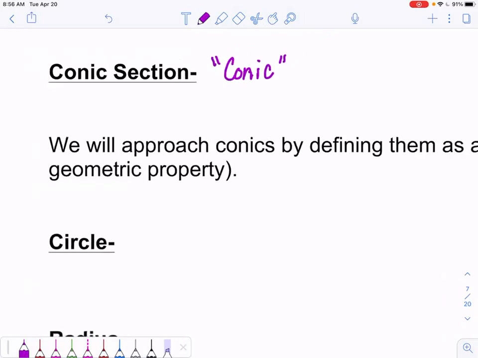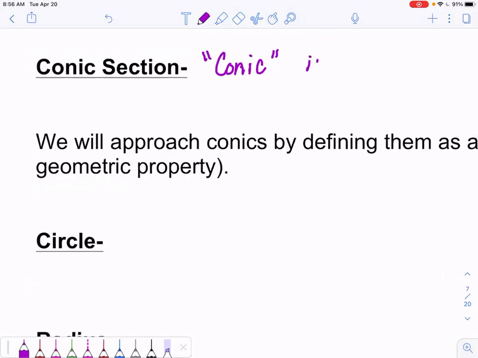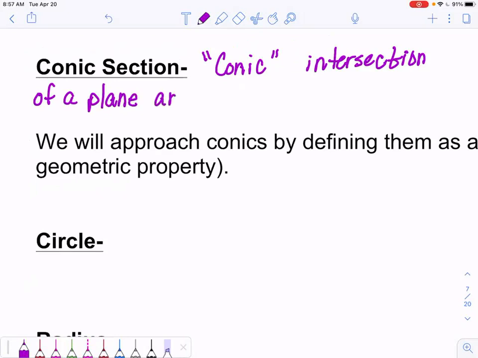So a conic is the intersection of a plane, that's a geometry word, and a double napped cone.